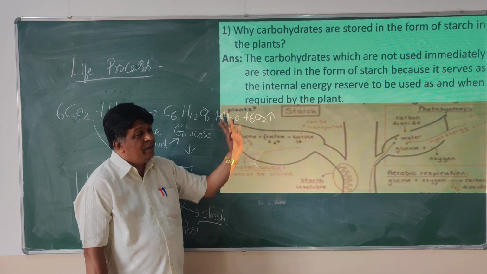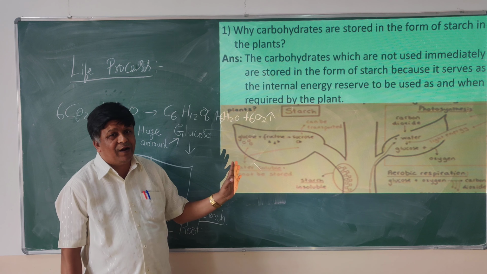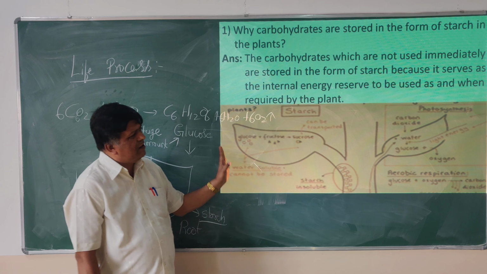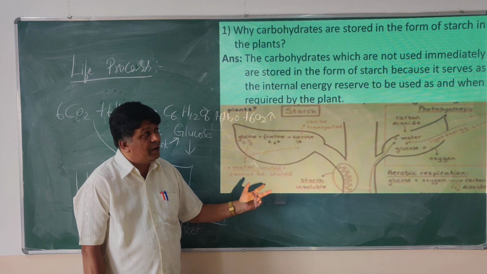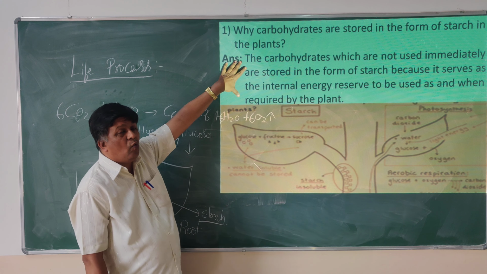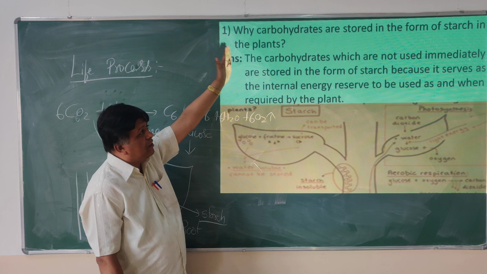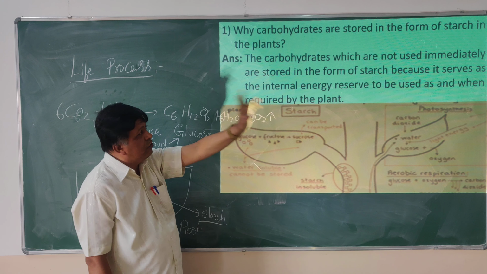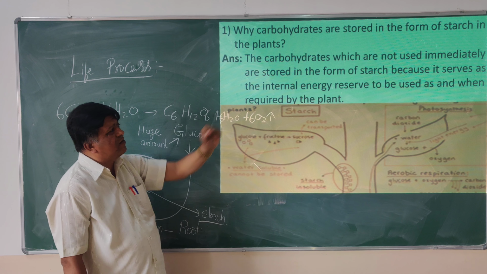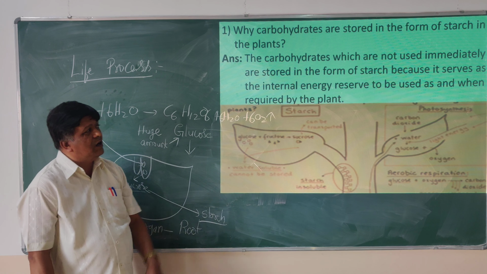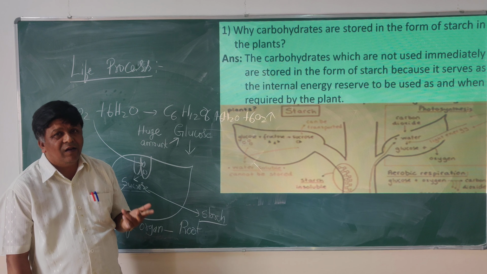This diagrammatic representation will help you in understanding the concept, but your answer remains only so much. The carbohydrates which are not used immediately are stored in the form of starch, because it serves as an internal reserve to be used as and when required.